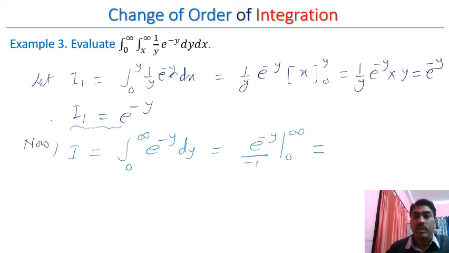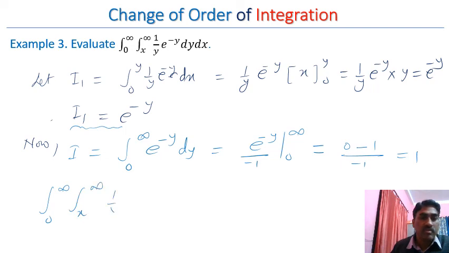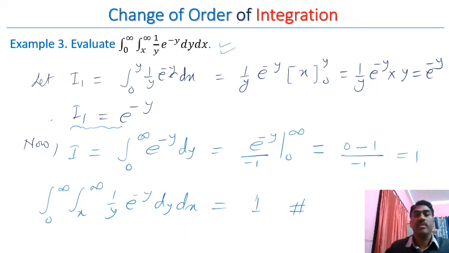So you get 0 minus 1 by minus 1, which is equal to 1. So we have obtained the integral 0 to infinity, x to infinity, of 1 by y e to the power minus y dy dx, evaluated as 1. It was not as easy to integrate as it appeared, but we changed the order of integration and then it was very easy to integrate.